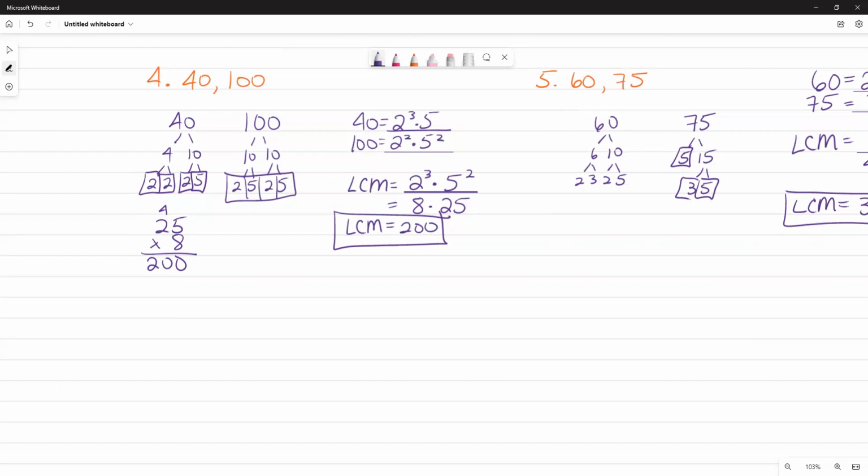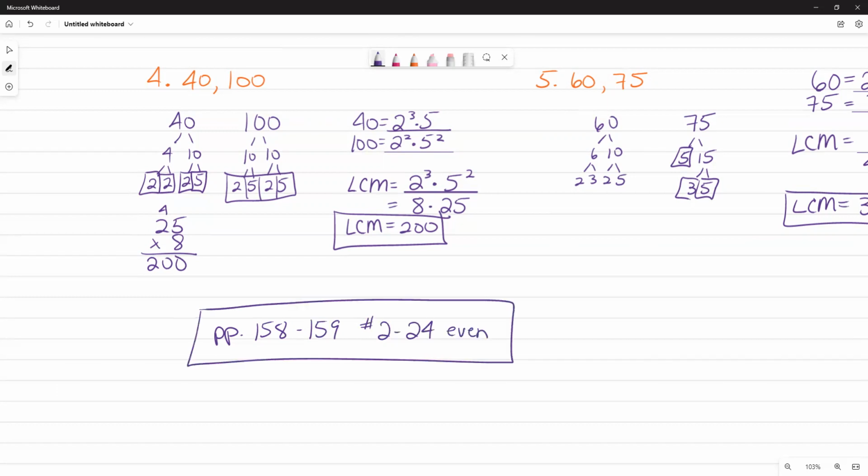Numbers 2 through 24 even, on pages 158 and 159. Give those a try. You do have one using the factor ladder, which technically we haven't gotten to that example yet, but I think it's only one. I think you'll figure it out.